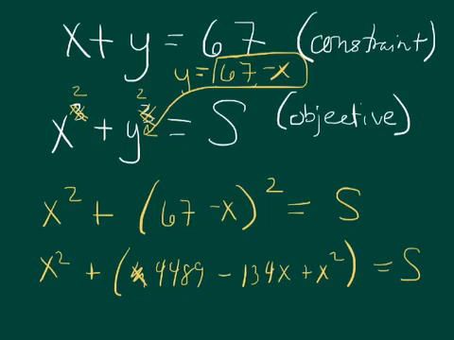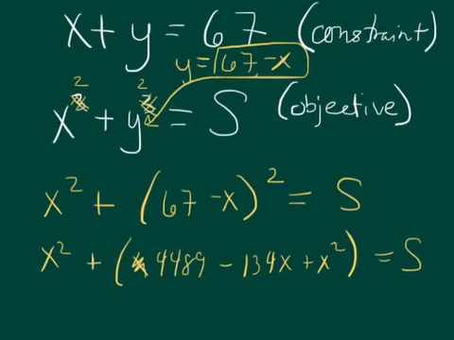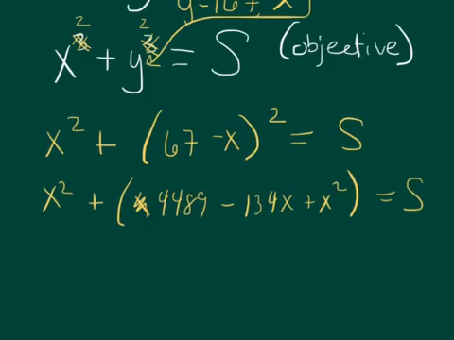Okay, negative x times negative x is positive x squared. So again, we're FOILing that. Now combine like terms and put it in standard form. We have 2x squared, a negative 134x, and a positive 4489.